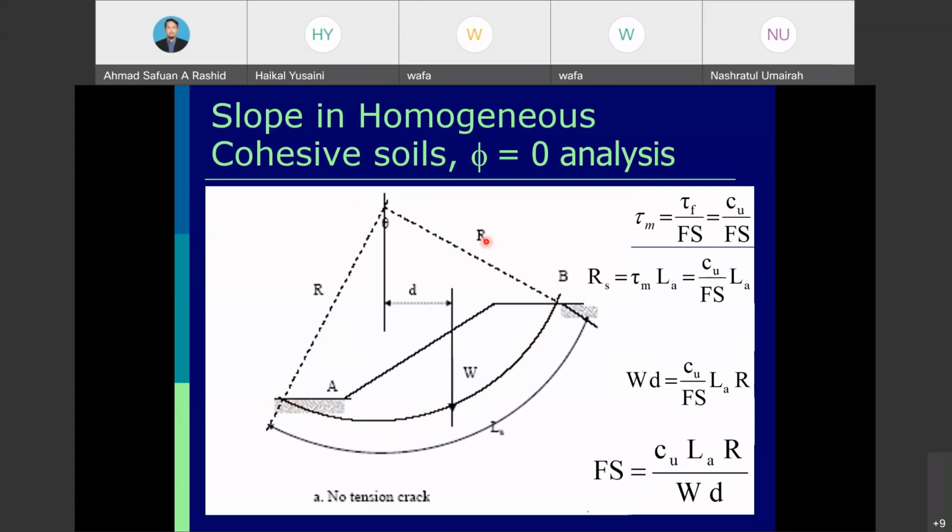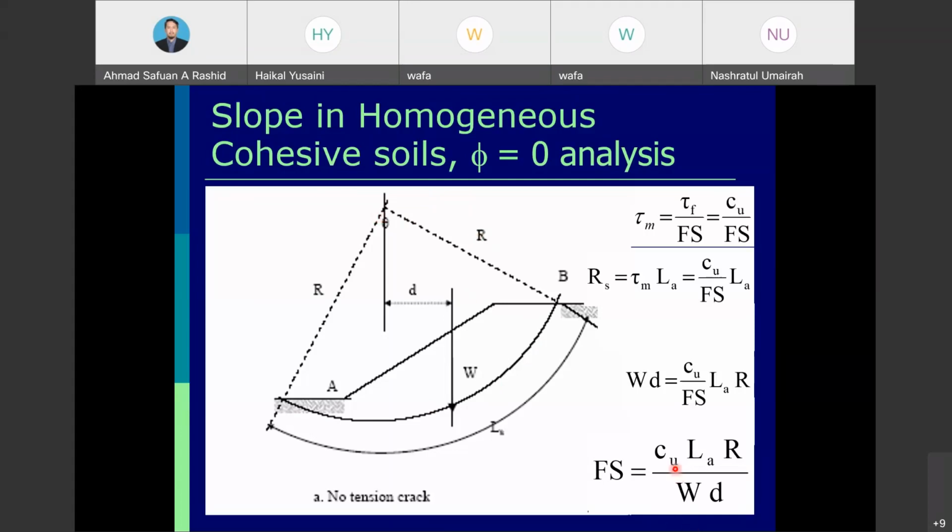So R times theta, and the theta should be in radians. For example, if theta is 80 degrees, it cannot be multiplied with a normal number. So 80 degrees should be multiplied with pi over 180, then we multiply with R.